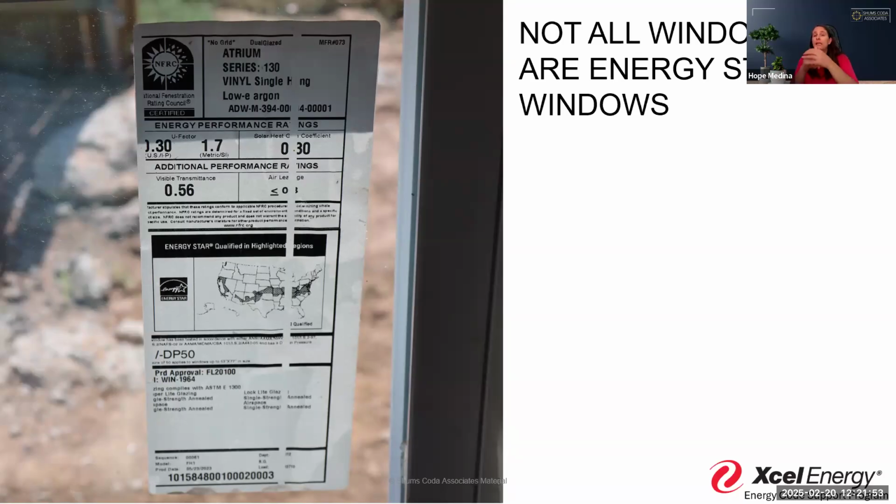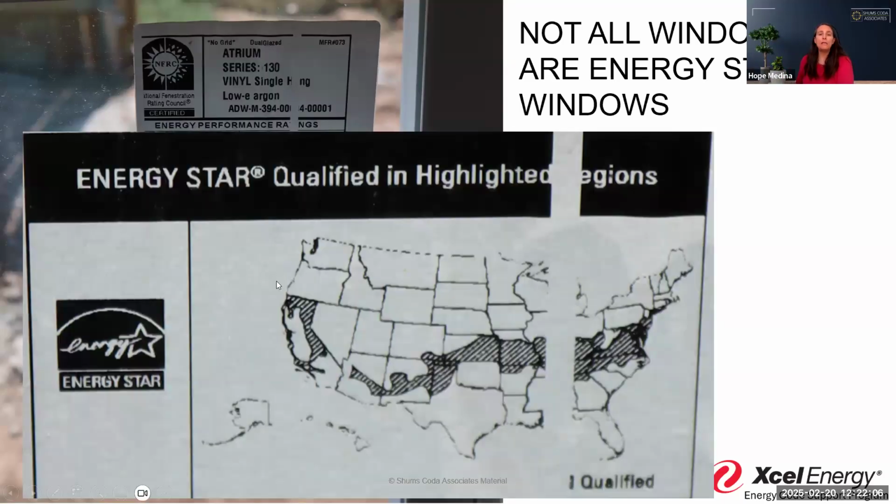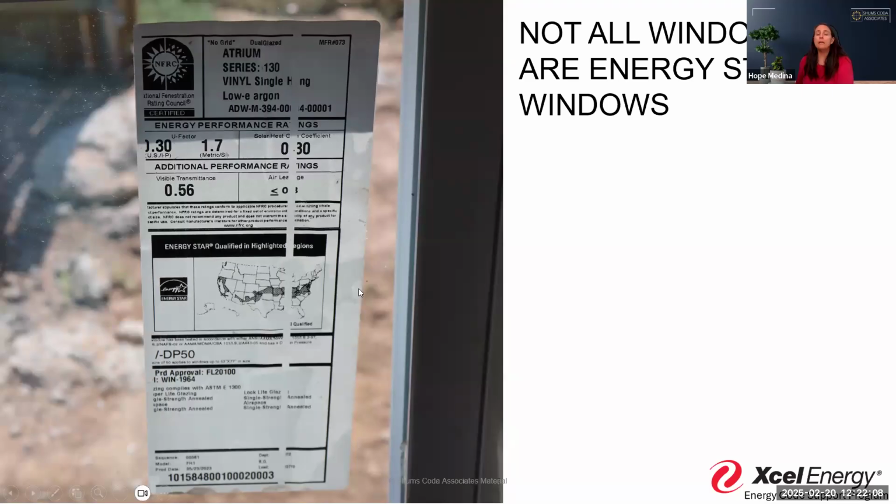Now, the other thing it does state is this happens to be an Energy Star certified window. Now, when I say that, and we see this image right here, most stickers will either have it or not have it. If it's not an Energy Star window, it's not going to have this.